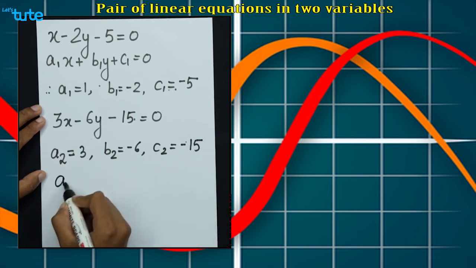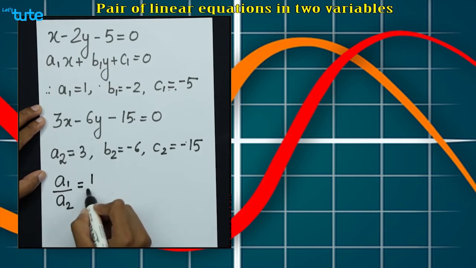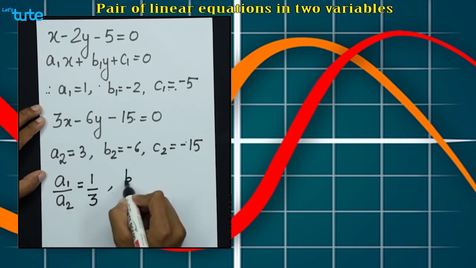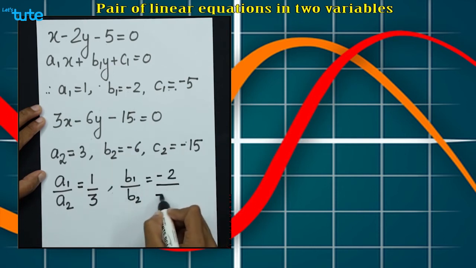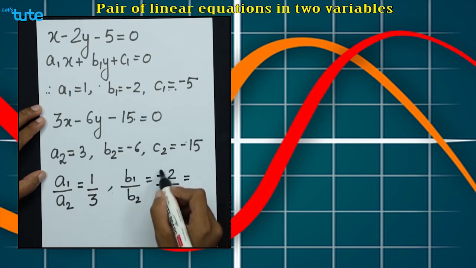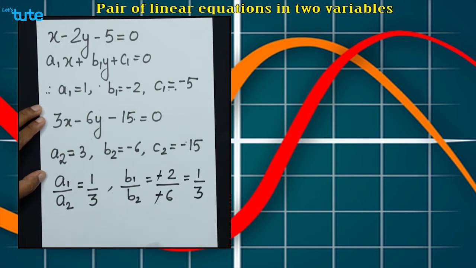Let us check the ratios as we did in the previous case. We get a1 upon a2 is 1 upon 3, b1 upon b2 is equal to minus 2 upon minus 6, which surprisingly turns out to be 1 upon 3 again. Let us check c1 upon c2, which is again minus 5 upon minus 15, equal to 1 upon 3.